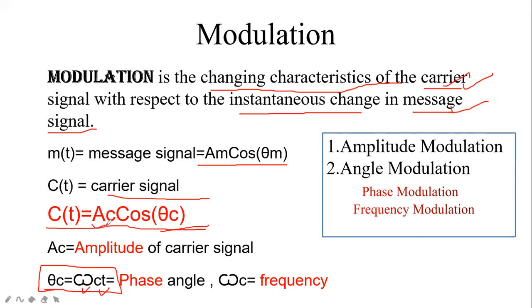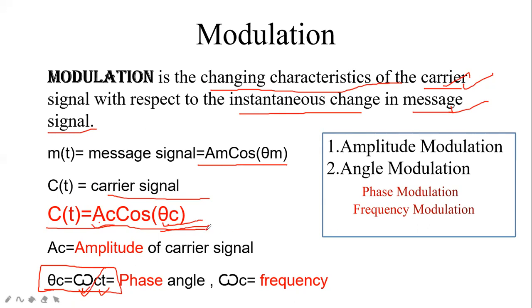The first one is amplitude, the second one is phase, and this phase involves frequency. So basically three parameters for the carrier signal or any signal: first amplitude, then phase, and this phase includes frequency.